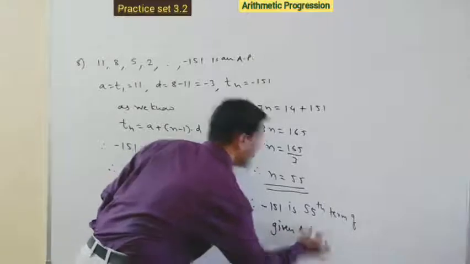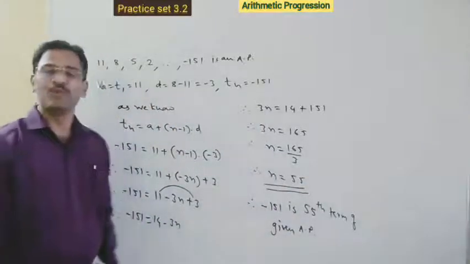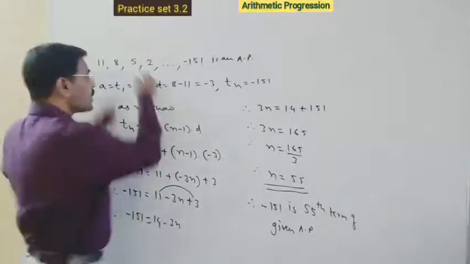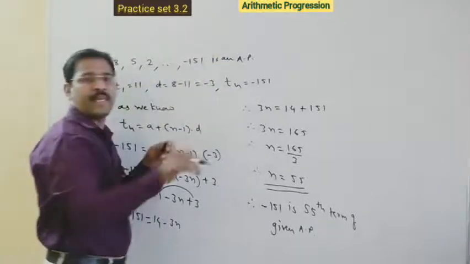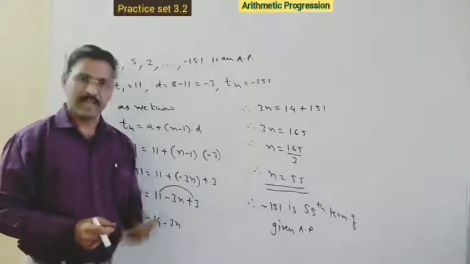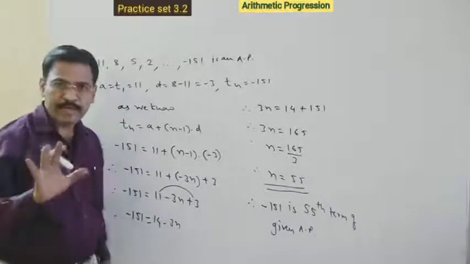Yes, this is the method to solve these kinds of examples. In this one, somewhere one term is given, and we have to find which term it is. Like this, we have to simplify. Understand, friends?